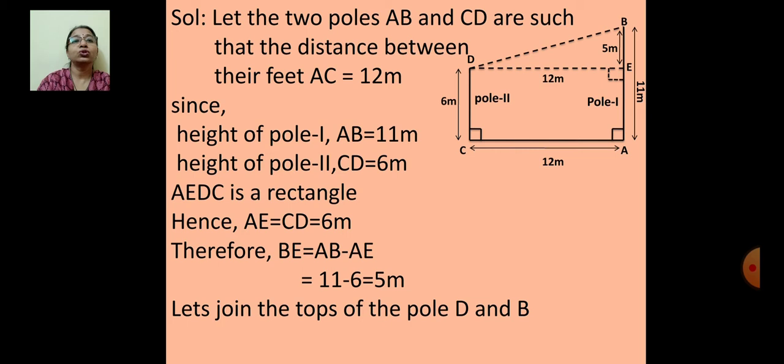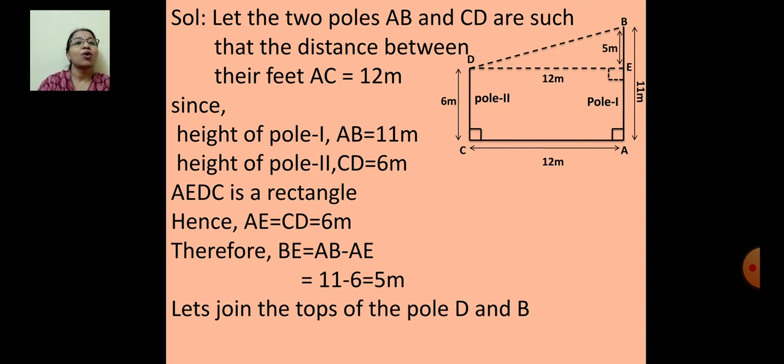Height of pole 2, which is CD, is 6 meters. Now you see three angles of this quadrilateral AEDC are 90 degrees. How? We have drawn one perpendicular from vertex D on the opposite side AB. So three angles are 90 degrees.